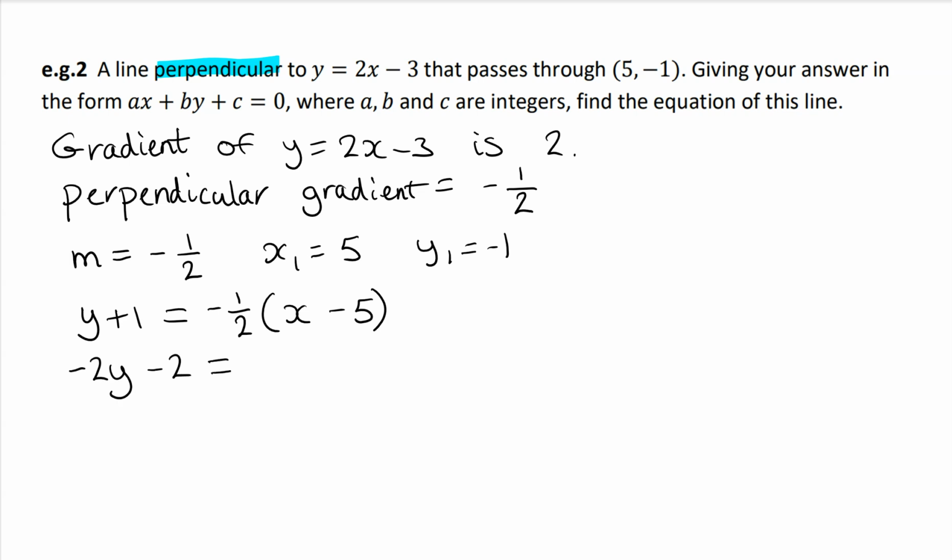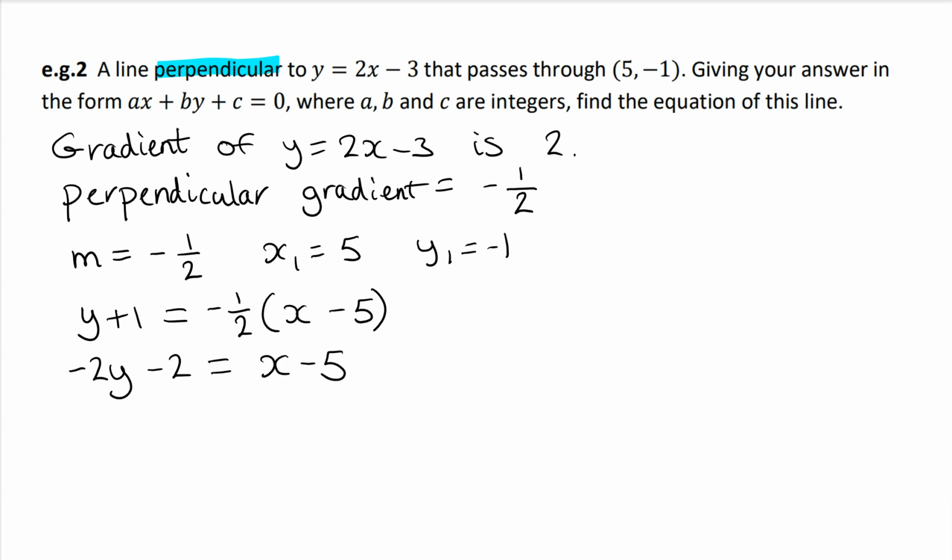What that does is completely get rid of that negative half and just leaves you with x minus 5. If you wanted to do it in 2 stages, you could multiply by 2 first, then multiply by negative 1, or you could just multiply by 2 and then expand the bracket out by minus 1. There are lots of different ways you can get to the answer, whichever way works best for you.